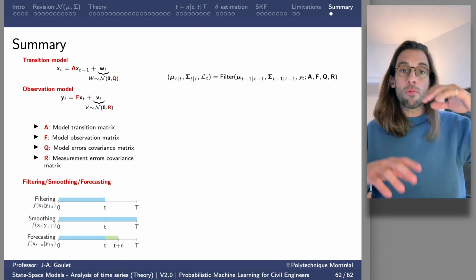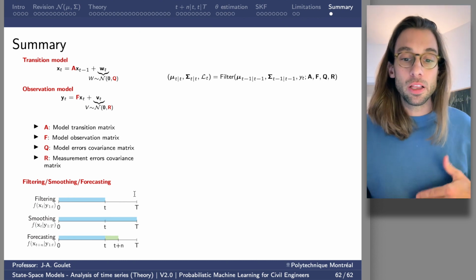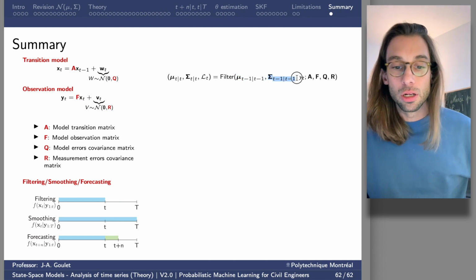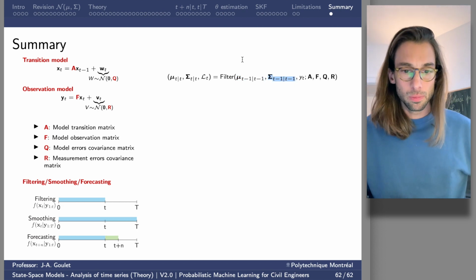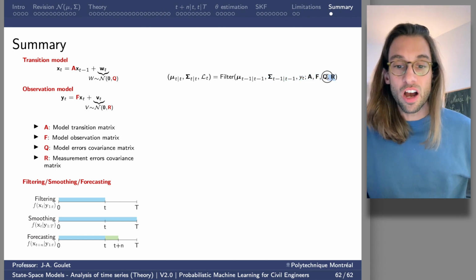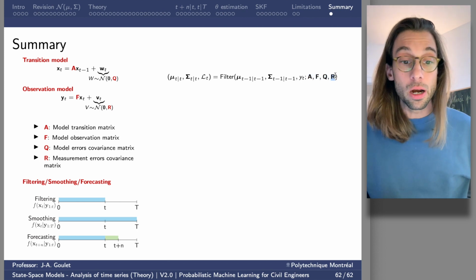So if we want to summarize everything we did with the Kalman filter, we can summarize it into that filter step, which takes into account my prior knowledge of time t-1, my prior expected vector and covariance, my actual observation at time t, and my model formulation, which is defined by A, F, Q, and R: the model transition matrix, model observation matrix, my covariance for the transition error, and my covariance matrix for the observation errors.